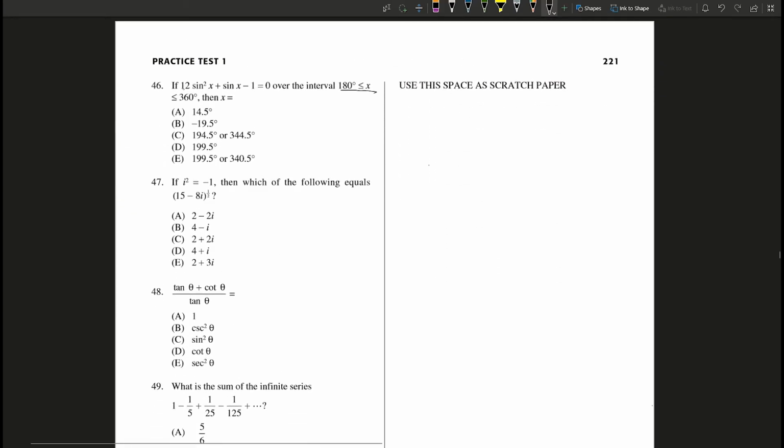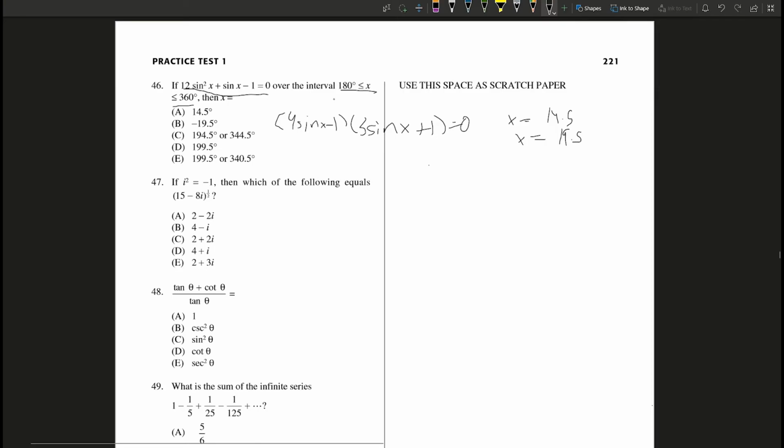So this question asks, if this equation is equal to 0 over the interval 180 to 360, then x equals. So we're going to factor this first. That's going to come out to be 4 sine x minus 1 multiplied by 3 sine x plus 1 equals 0. So then x is equal to 14.5, and x is also equal to 19.5.